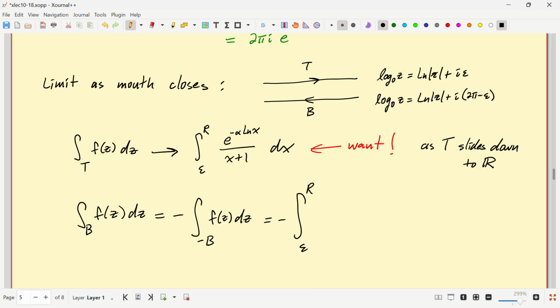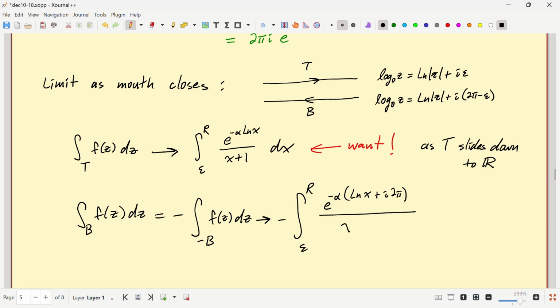But a miracle happens and they don't, because on the top we would have e to the minus alpha natural log of x plus i times 2 pi. That's the key to making this work.